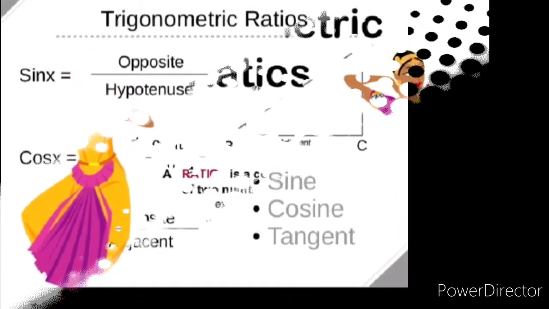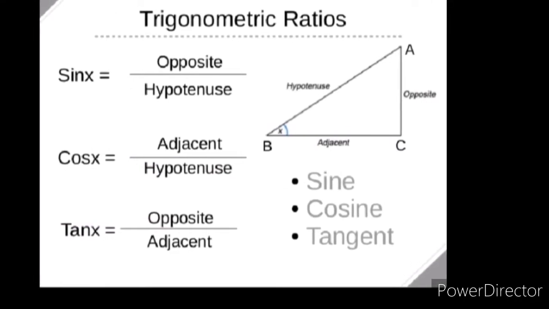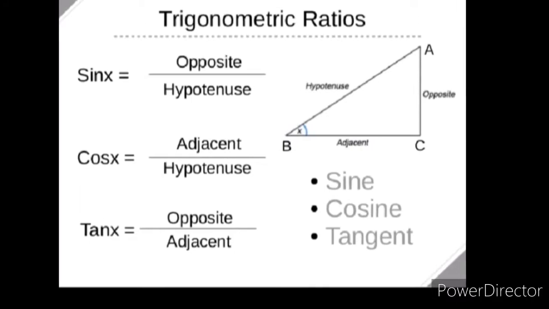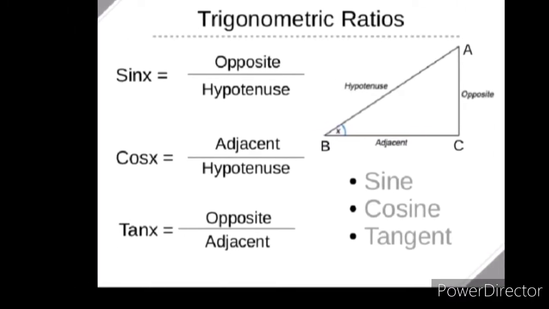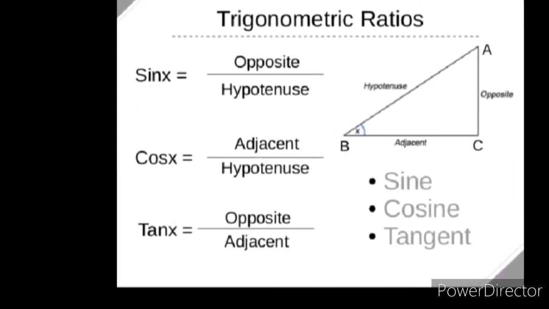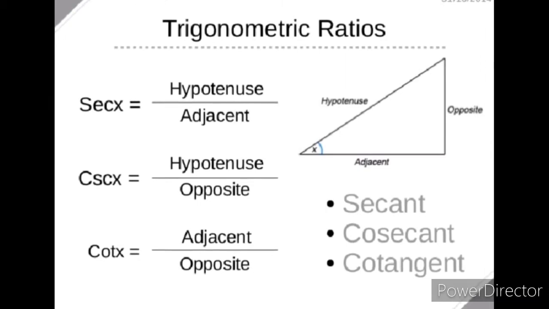Okay children, trigonometric ratios. Observe here, children, in the figure sin x is equal to opposite side by hypotenuse, cos x is equal to adjacent side by hypotenuse, tan x is equal to opposite side by adjacent side.